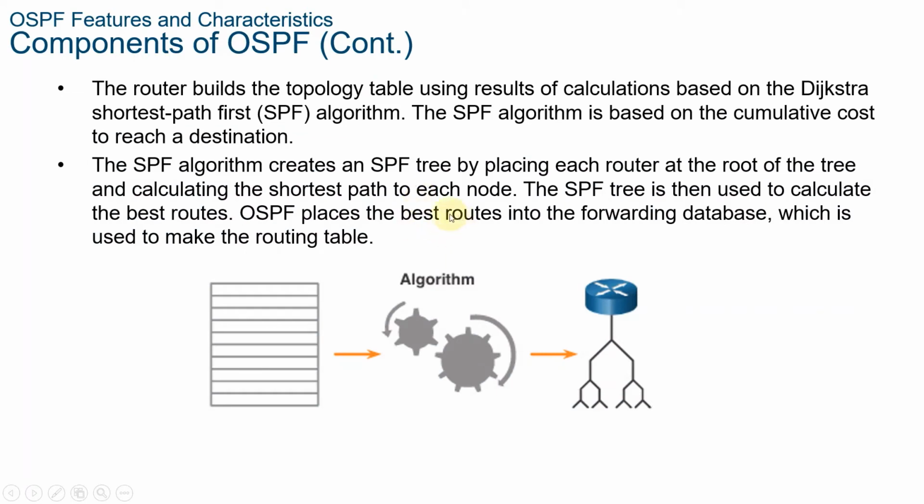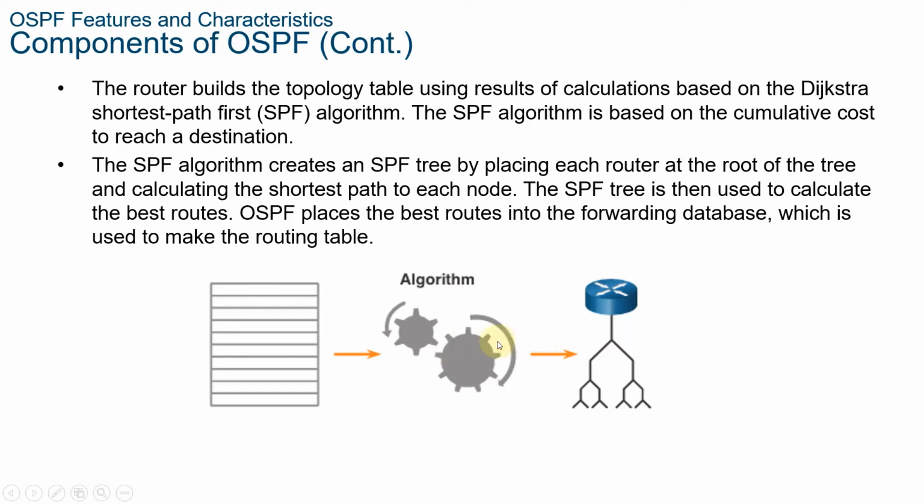Okay, so next would be the algorithm. As I was saying, OSPF uses the algorithm called Dijkstra's algorithm, also known as SPF, the shortest path first. The SPF algorithm is based on the cumulative cost to reach the destination.